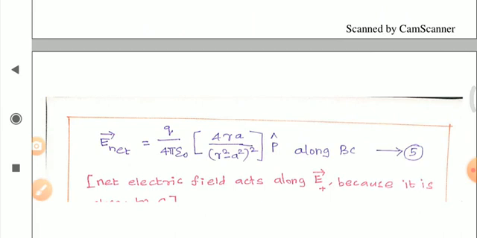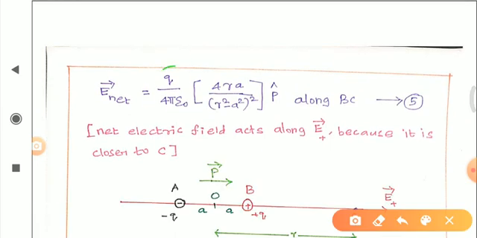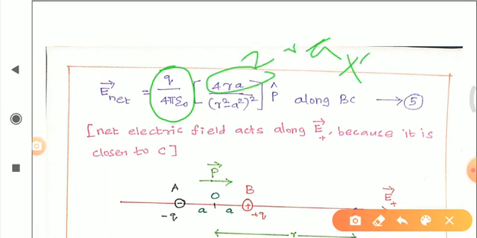Q by 4 pi epsilon is common. What is in the numerator? 4ra, because 2ra plus 2ra was there, so the total value is 4ra. Now in the denominator it is given by (r square minus a square) whole square into p cap.